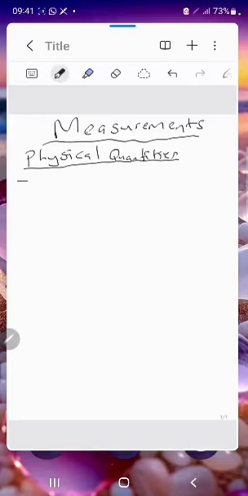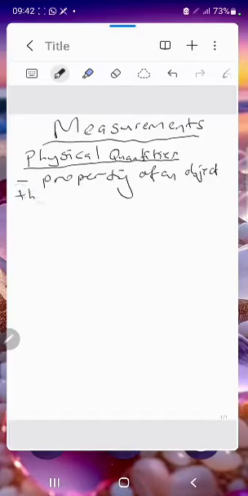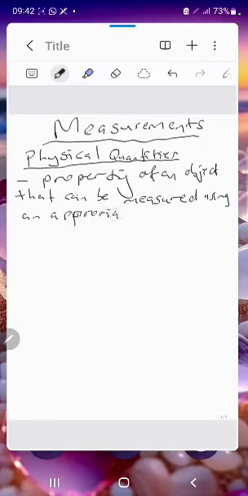So what we are saying, it is a quantity, it is a property of an object that can be measured using an appropriate measuring instrument.